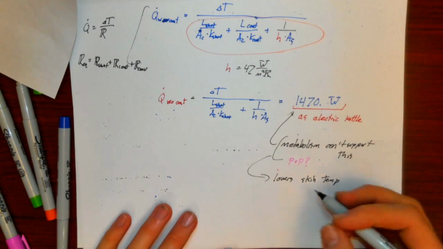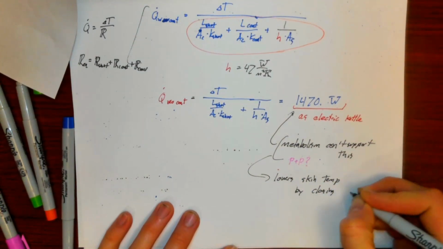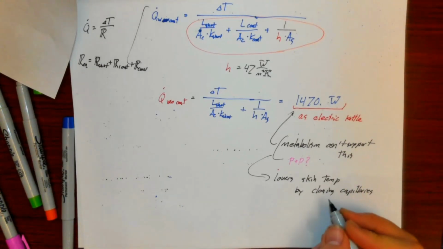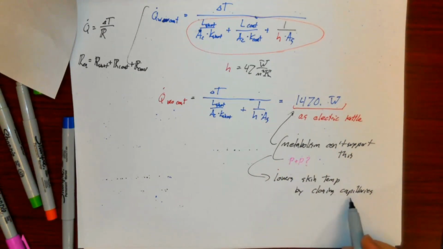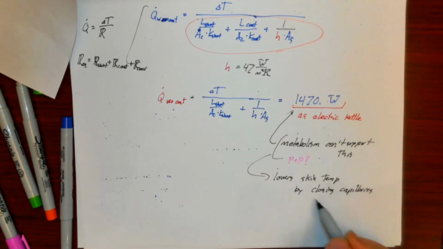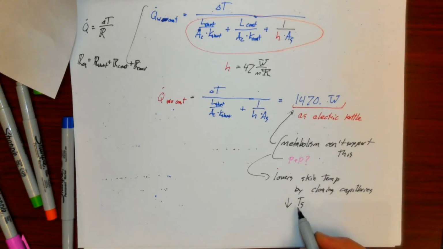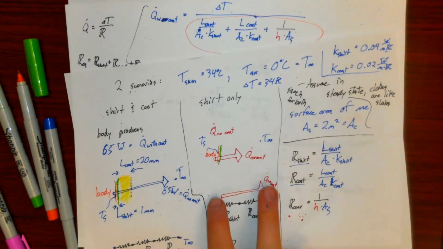So it lowers skin temperature by closing capillaries. It basically says, I'm not going to flow blood to the skin. By closing off the capillaries, that lowers the skin temperature, and by lowering the skin temperature, we lower the delta T that's going to drive this heat flow.